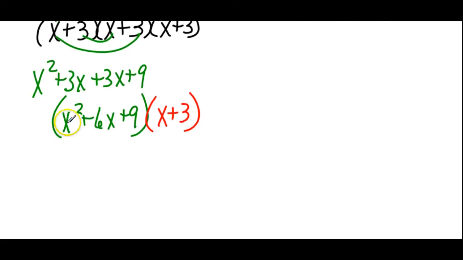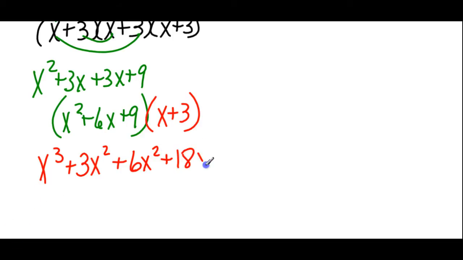Ready? x squared times x is x cubed. x squared times 3 is 3x squared. 6x times x is 6x squared. 6x times 3 is 18x.